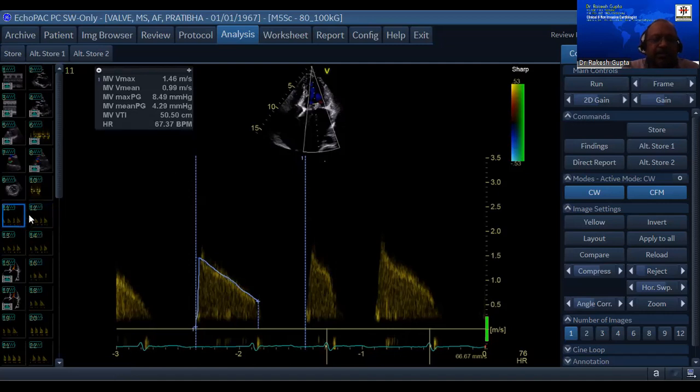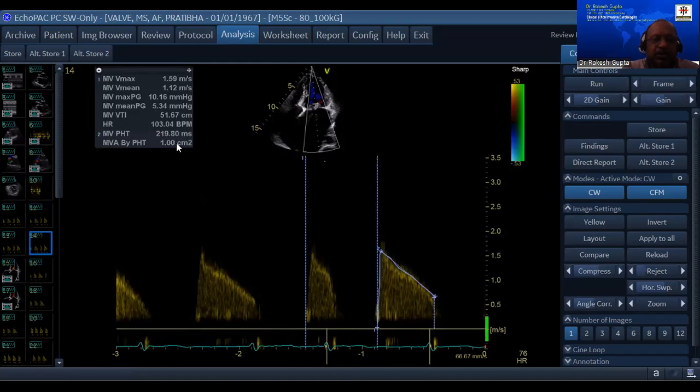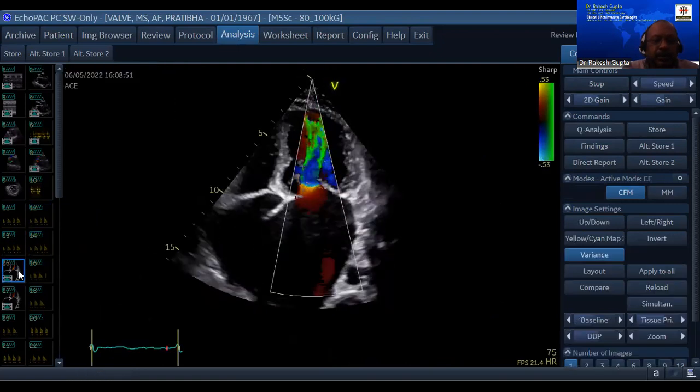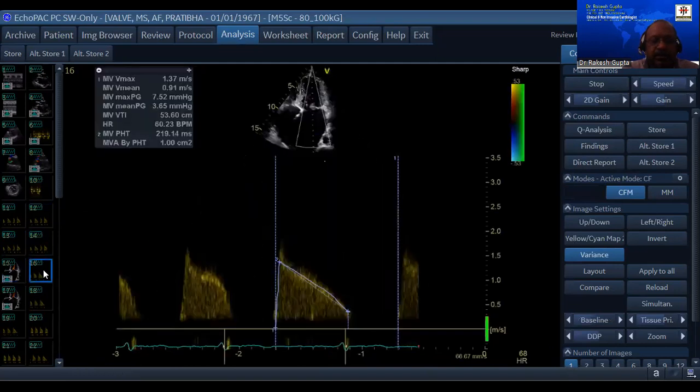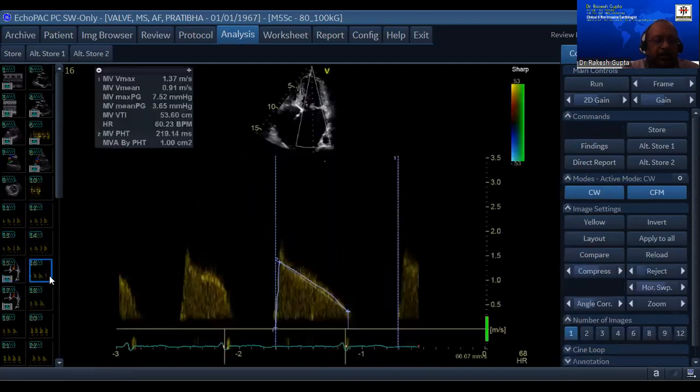Then we have done measuring many values to come to a conclusion. Small trivial regurgitation. Again, a Doppler spectrum pattern.